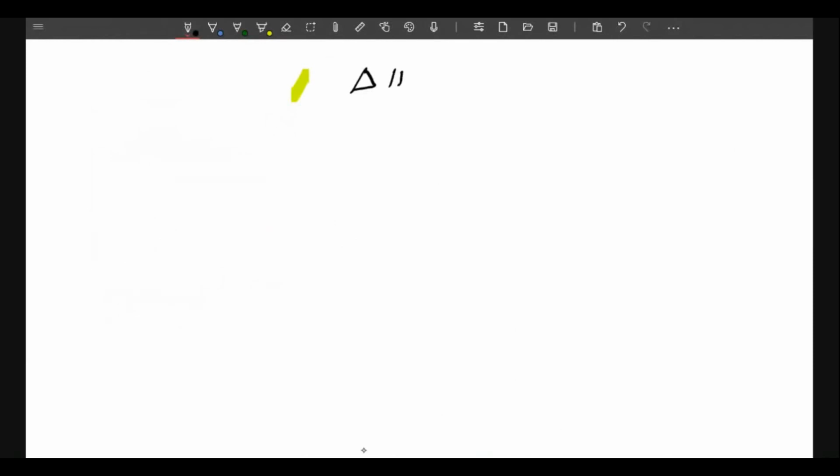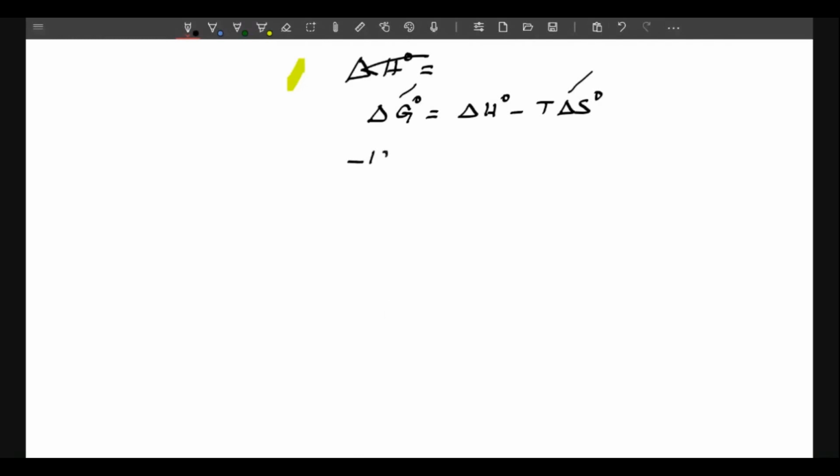Yes, you know this equation: delta G naught is equal to delta H naught minus T delta S naught. Since we have calculated delta S and delta G naught, you can calculate delta H naught. The value for delta G naught is minus 194 kilojoules.